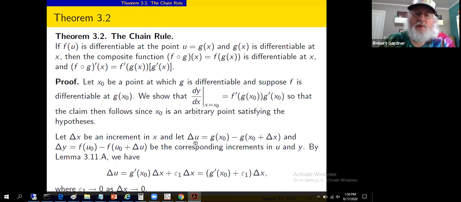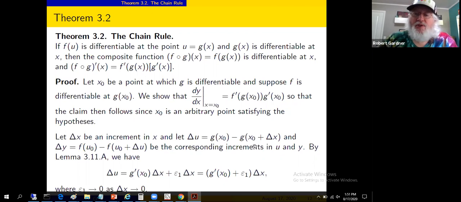All right, so we can use the lemma. Let delta x be an increment of x, and delta u a corresponding change in u, where u equals g of x. The change in g when x changes by an amount delta x would be g of x sub 0 plus delta x minus g of x sub 0. So we've modified the input by an amount delta x. That generates a change in the g function. We're using this intermediate variable u to represent g, and delta u, or delta g, is represented by this.